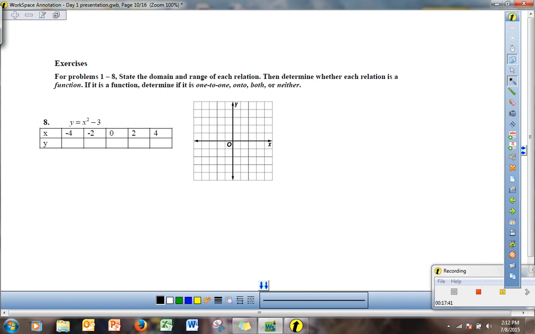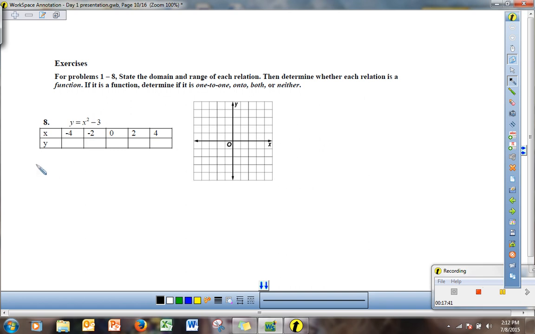We're going to graph x squared minus 3. This is going to be a quadratic, also called a parabola. So I need to point out something to you because some of your calculators are different. If you're going to run -4 squared minus 3, some of you will need to place it in parentheses. So you might check your calculator real fast.